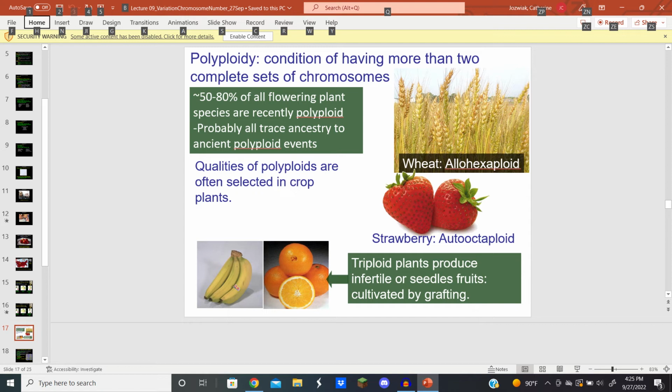This condition, polyploidy, having more than 2 complete sets of chromosomes, is abundant in the plant kingdom. In fact, of the flowering plants, we expect about 50 to 80% of those species to have undergone a recent polyploid event. And it results in an interesting cycle, where a plant will undergo a polyploid event, resulting in a new species with multiple sets of chromosomes, like up to 4.